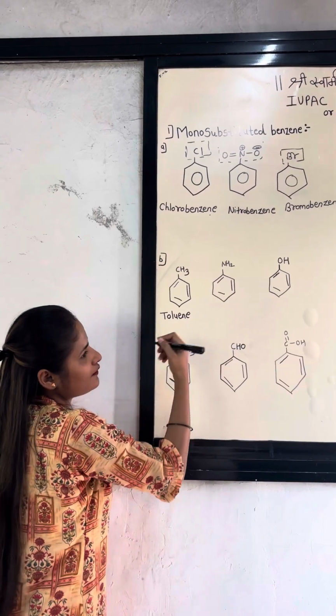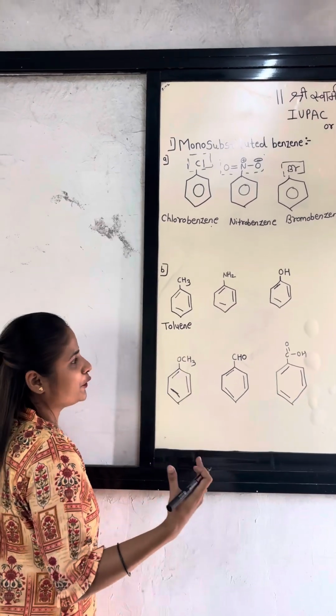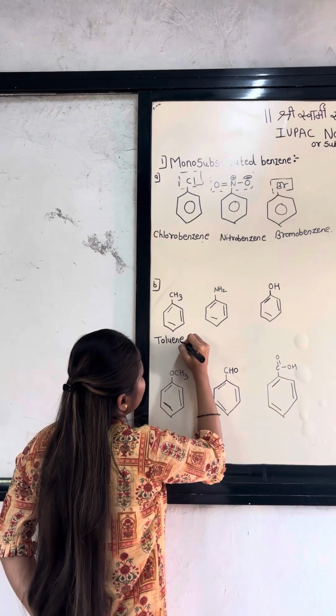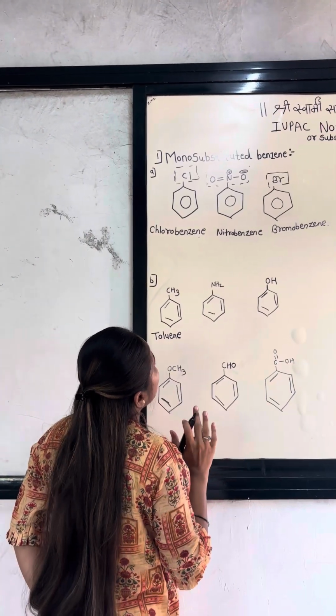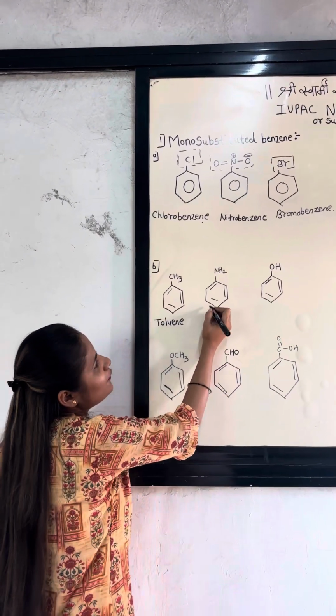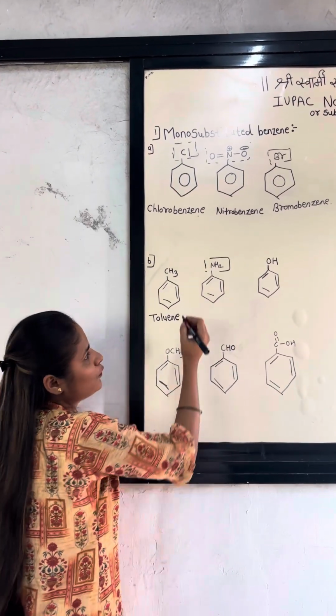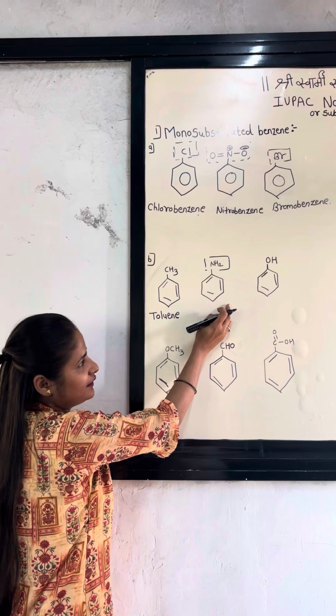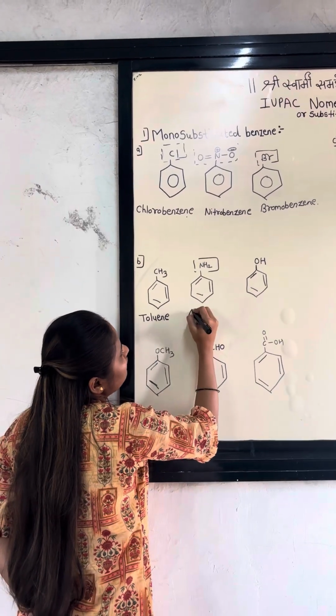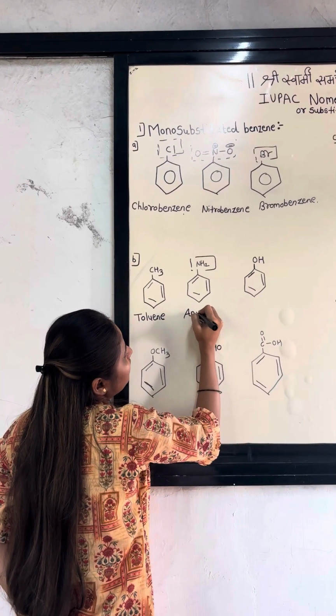Okay, because the chemist also needs to communicate, so that's why we are using their common name as the IUPAC name. Then the second compound, here the substituent is NH2, that is the amino. It is amino benzene, but commonly we use it as aniline.